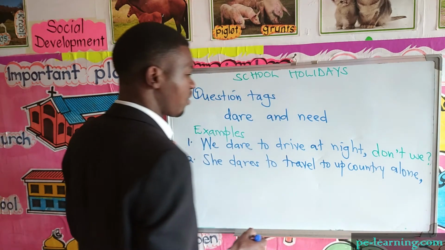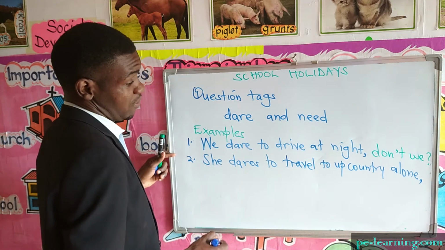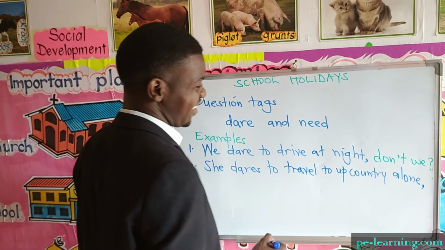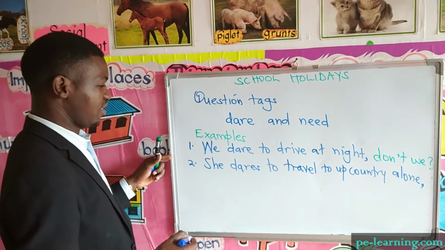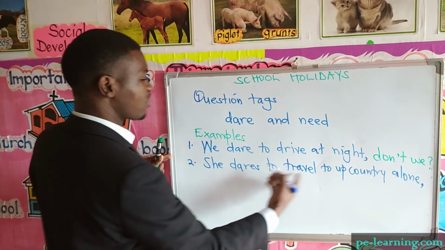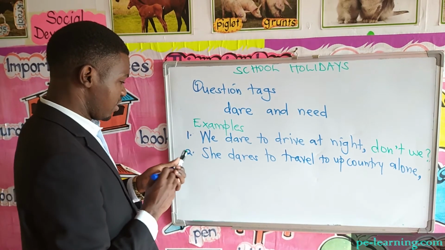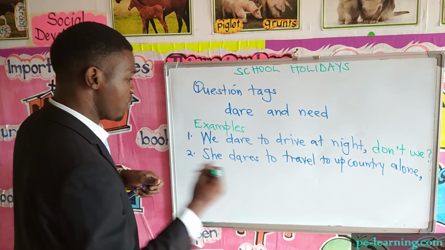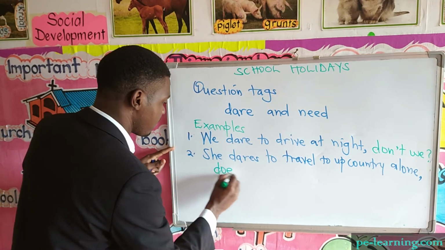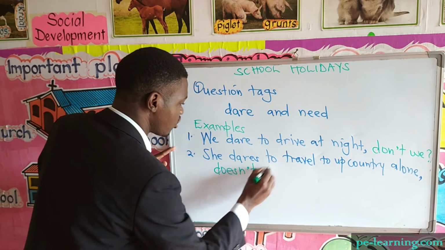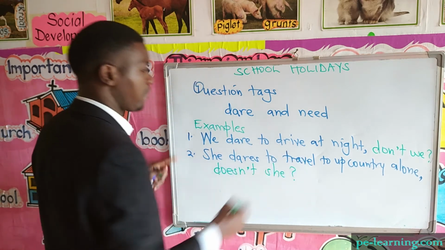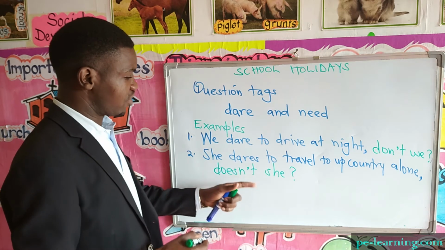Someone has the courage to travel up country alone, possibly maybe below 18 years. You know the dangers. So she dares to travel up country alone. The question tag here will be, doesn't she? That will be the question tag, doesn't she?